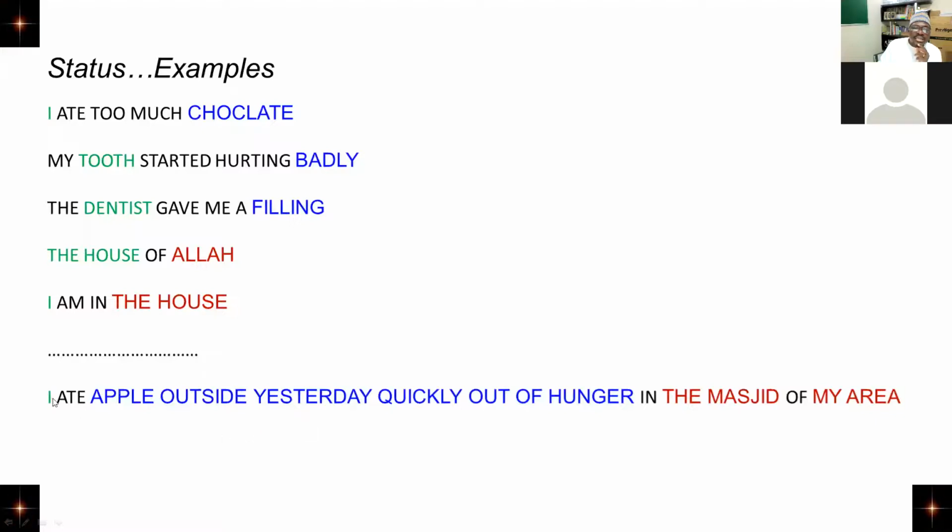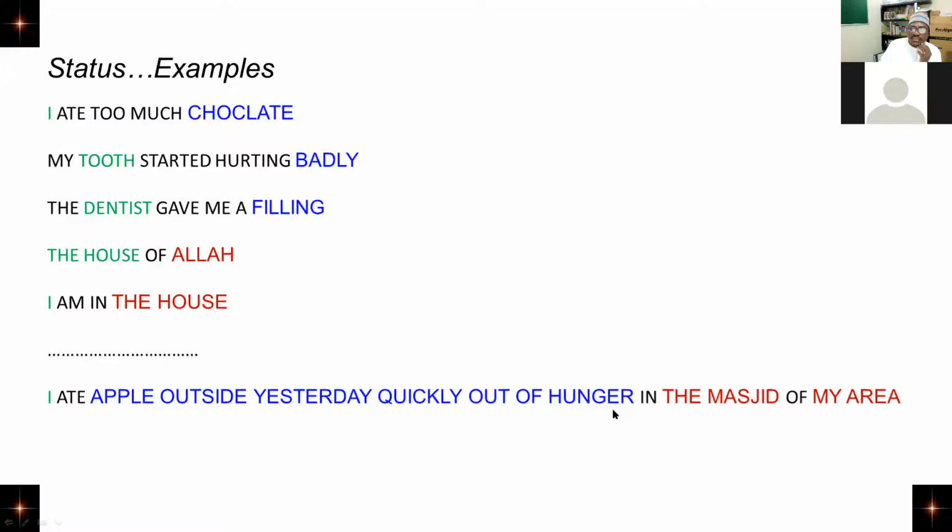So the doer is I. This is the what, this is the where, this is the when, this is the how, and this is the why. All the answers to those question tags are always in nasb status.